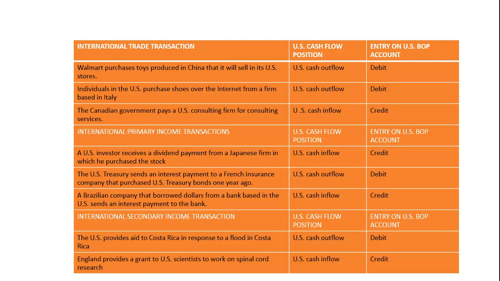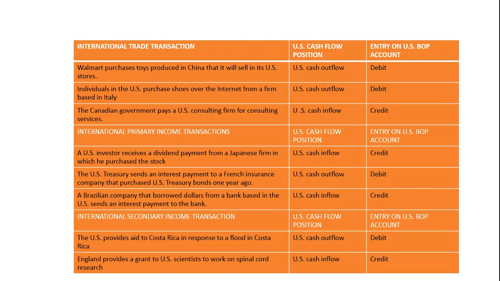Suppose Walmart purchases toys produced in China that it's going to sell in its U.S. stores. Well, this is going to be a U.S. cash outflow because they have to send money abroad to pay for the toys. And the entry on the U.S. balance of payments account is going to be a debit.